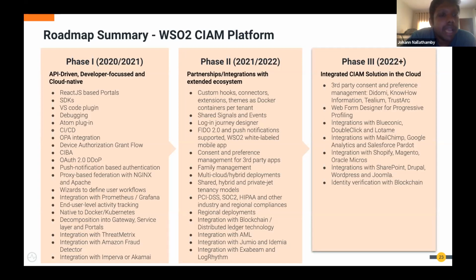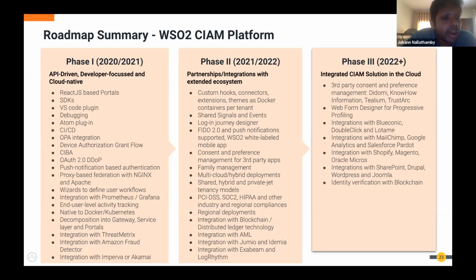Just to highlight some of the items in this roadmap. In phase 1, we are looking at more developer friendliness and cloud friendliness. In that regard, as I mentioned before, we are developing our portals completely on React. We are developing SDKs. Right now, we've completed SDKs on .NET, JavaScript, and Android, and a few other languages.